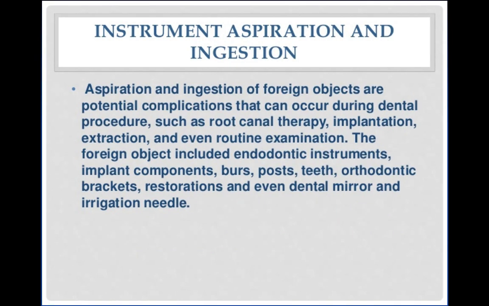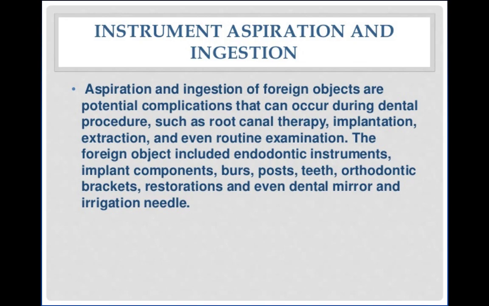Instrument aspiration and ingestion. Aspiration and ingestion of foreign objects are potential complications that can occur during dental procedures, such as root canal therapy, implantation, extraction, and even routine examination.